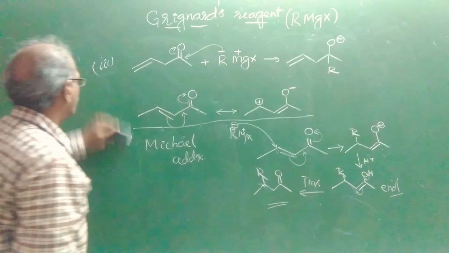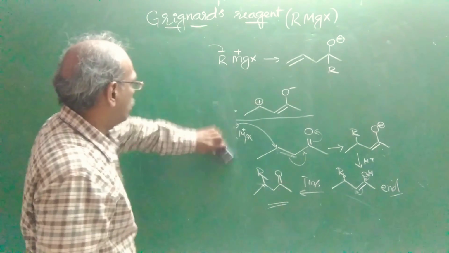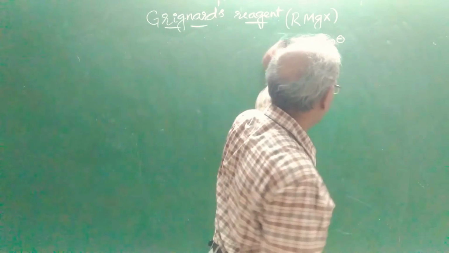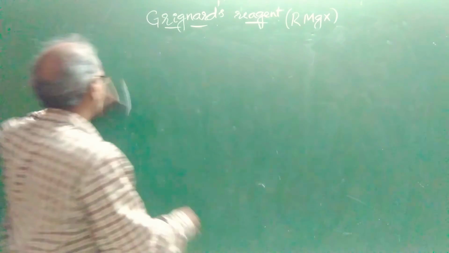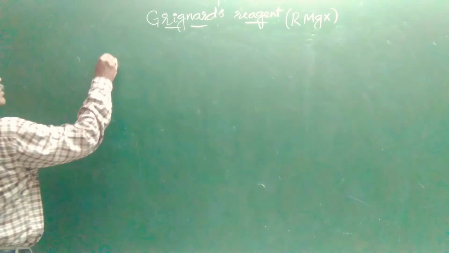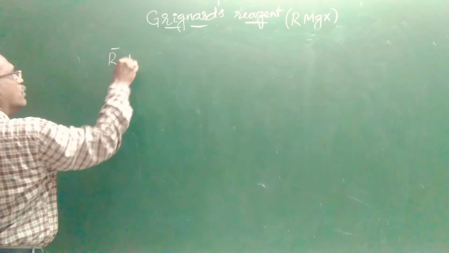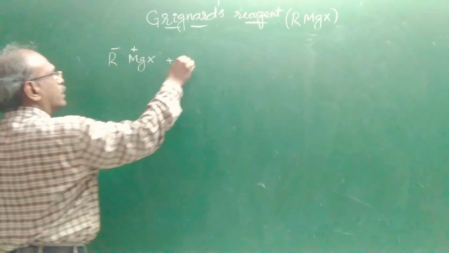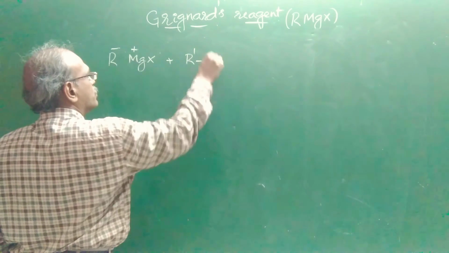Okay, next, one more important point is the behavior of Grignard's reagent towards a carboxylic acid.